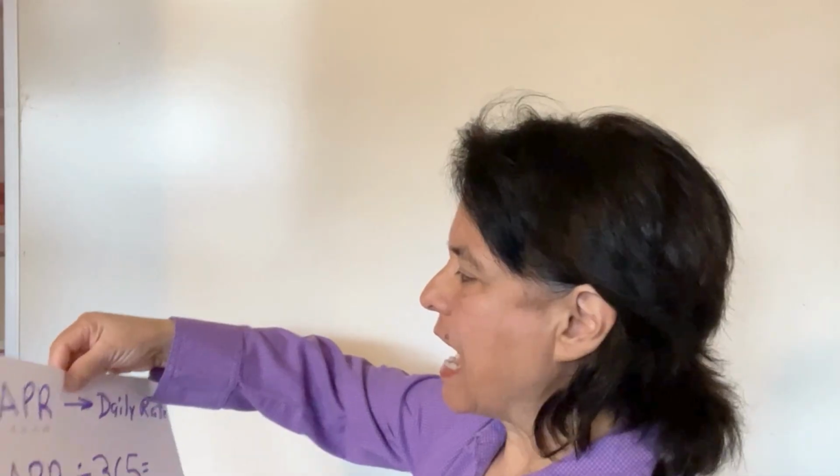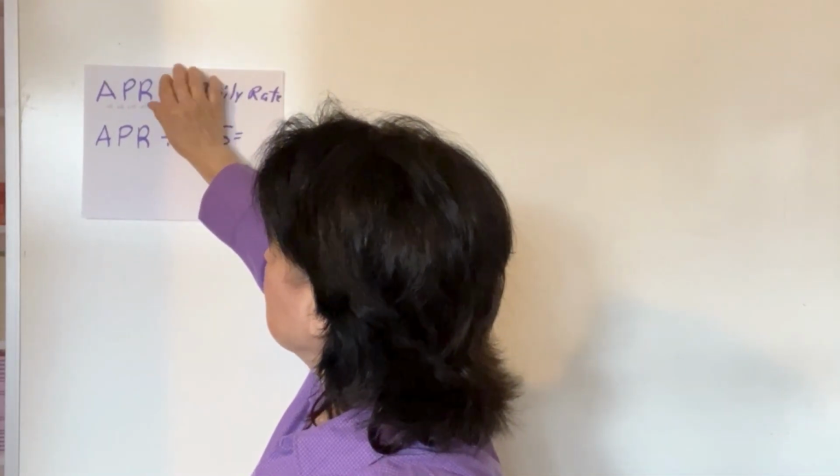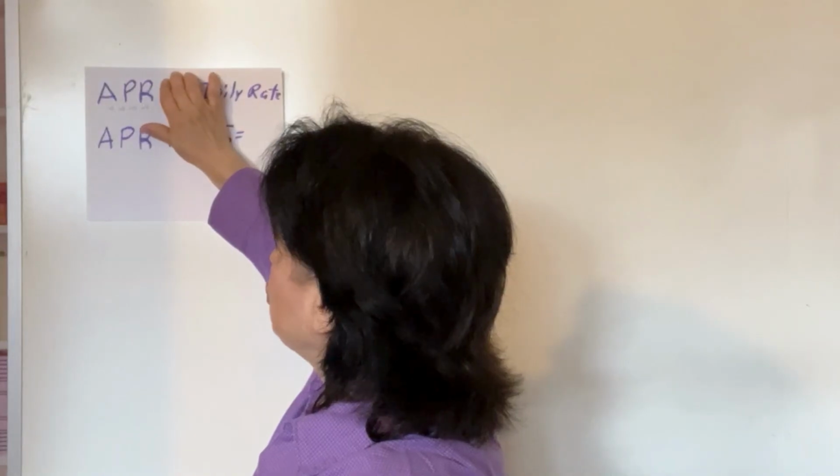So there is a word that is called APR. Whenever somebody lends you money, they're going to charge interest, and this is the annual percent rate. That's what your card charges.